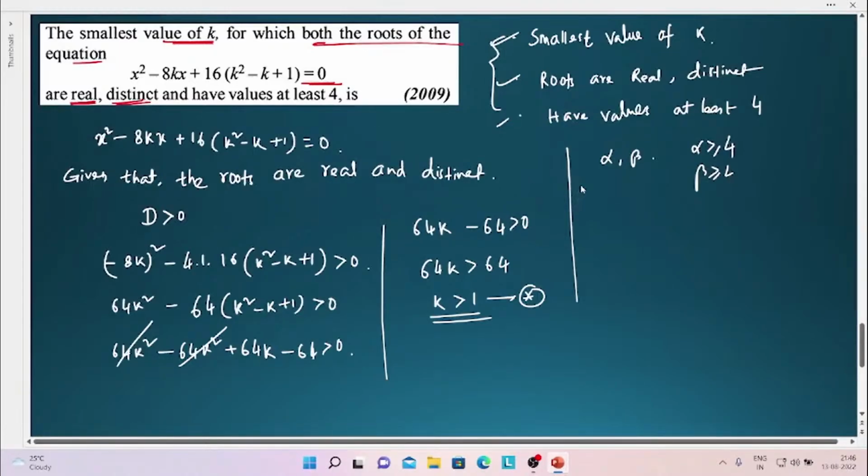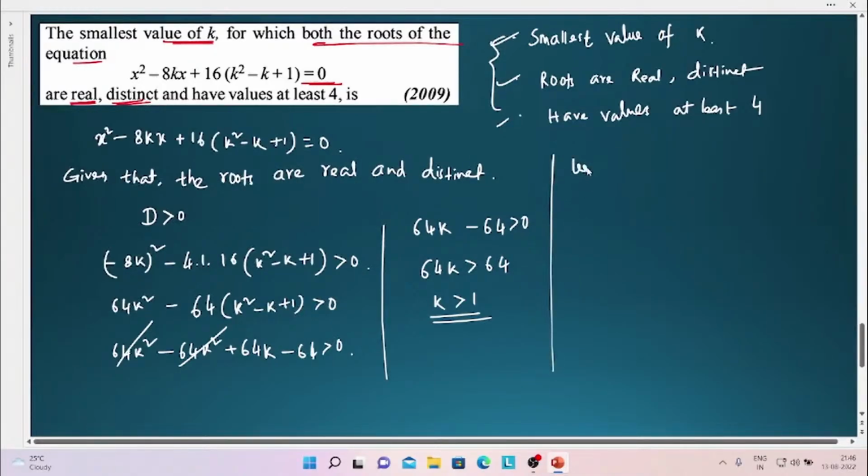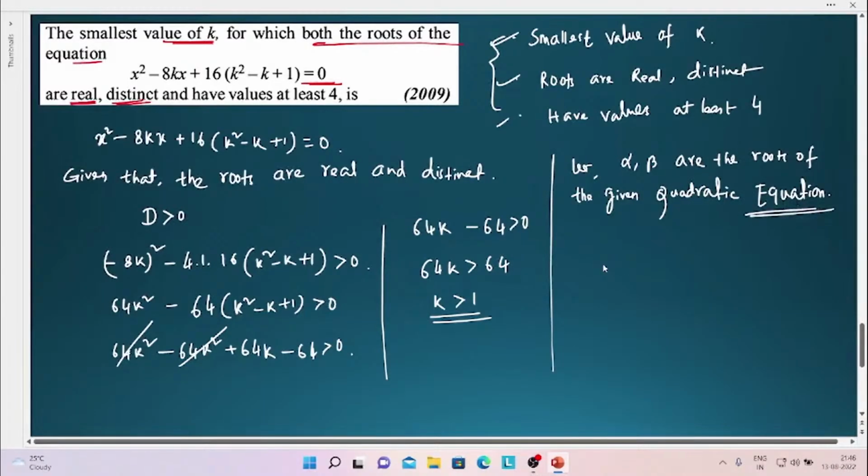So let me say that alpha, beta are the roots of the given quadratic equation, right?